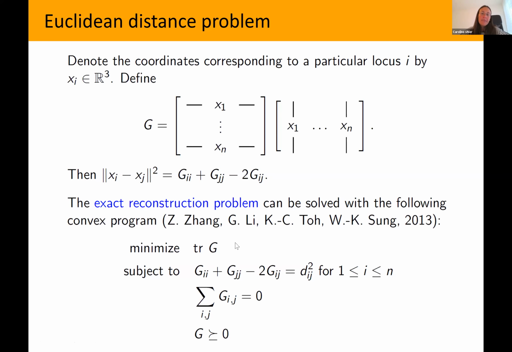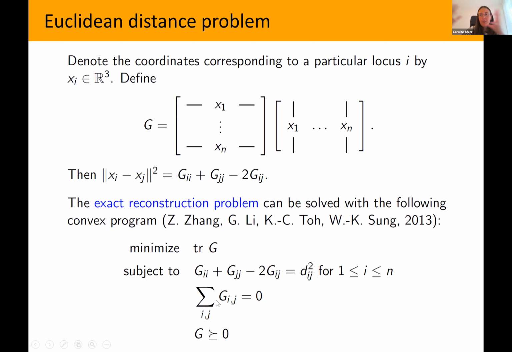So that's the sum of these eigenvalues, right? The L1 norm of these eigenvalues. So we'd expect this to give you something low rank, but in fact, it actually gives you the correct rank 3 matrix out, subject to the constraints, right? That these here correspond to your distances squared. And of course, in the Gram matrix, this is all up to rotation and of course also translation.